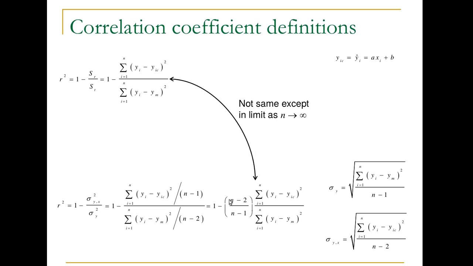So we'll have this ratio here that's different from 1, and so we come up with a different value. And so this is what we use for the correlation coefficient in -2.